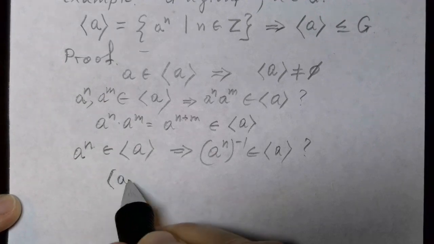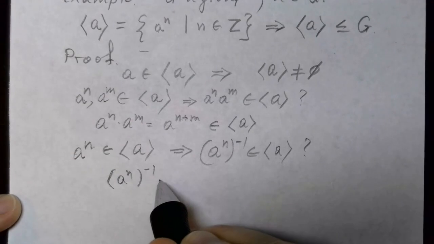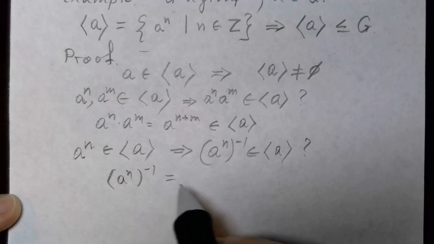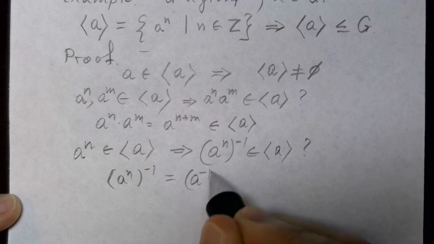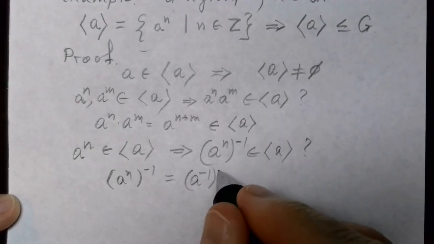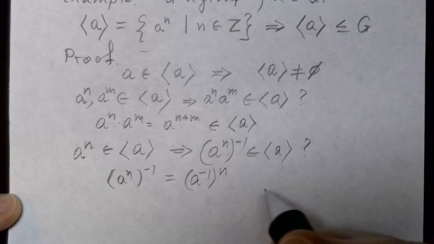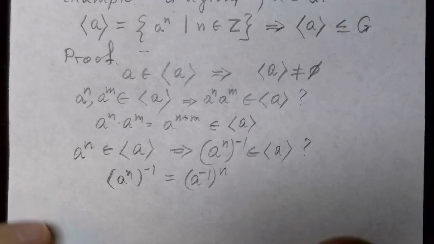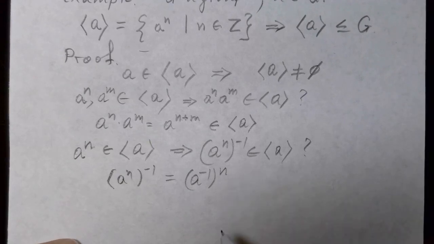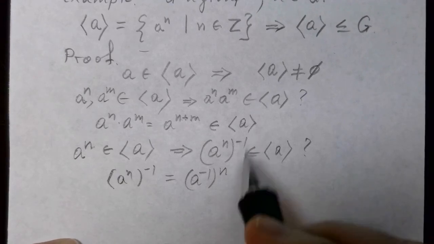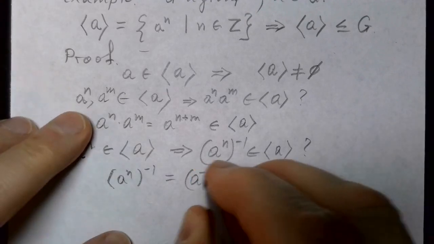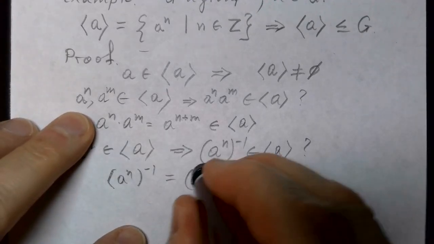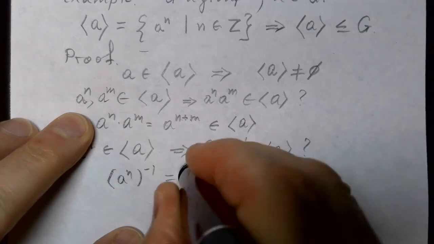A to the n, the inverse of this, is equal to A to the negative 1 to the n, I'll rather write it this way.